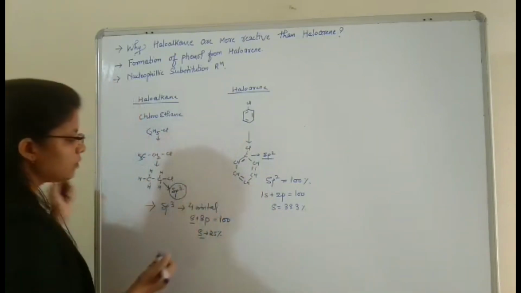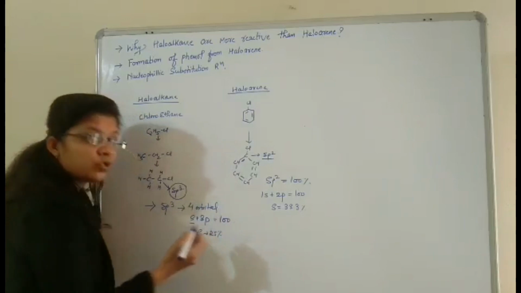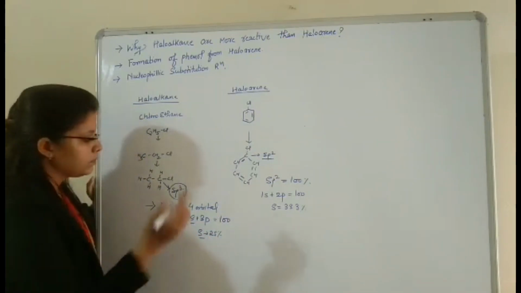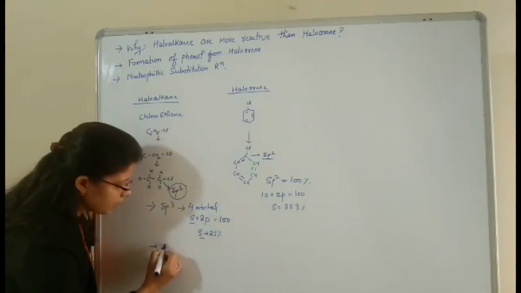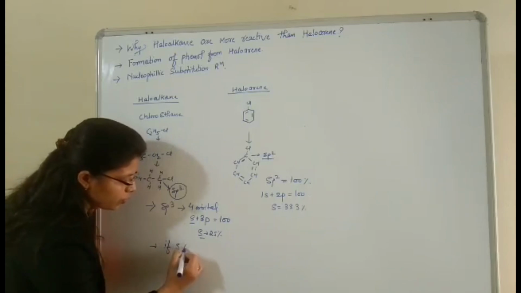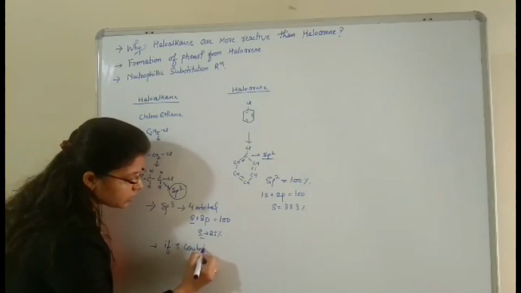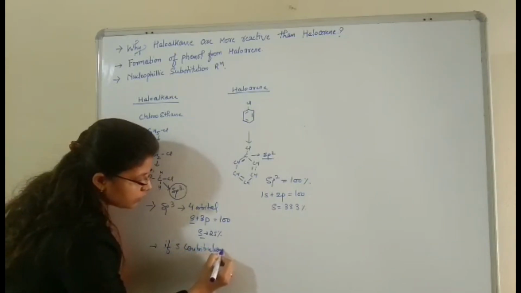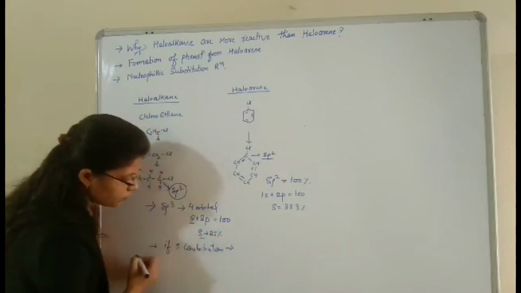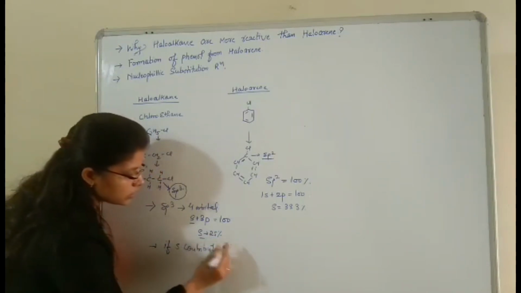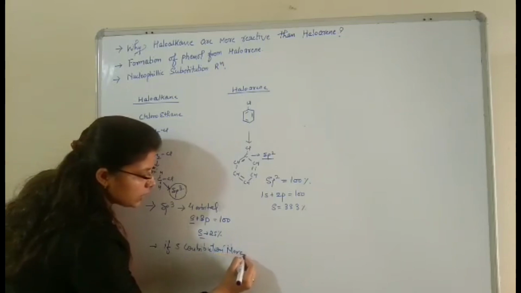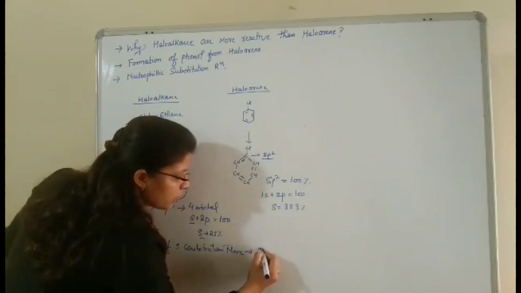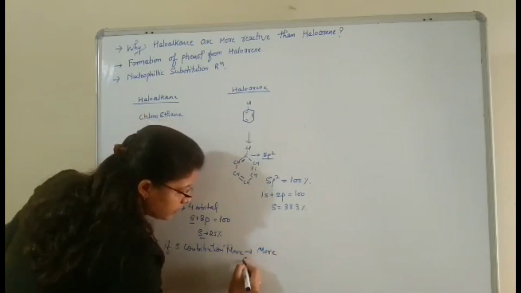According to the electronegativity concept, if the s contribution is more, this carbon will be more electronegative. If the s contribution is more, this is the more electronegative carbon.